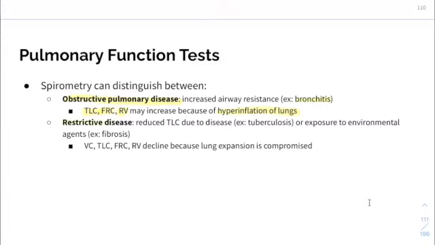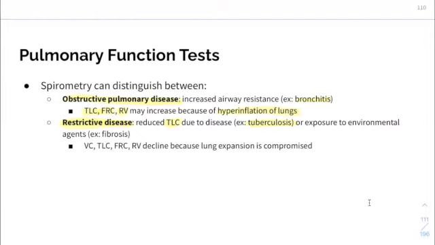We also have restrictive diseases. We kind of talked about what restrictive diseases are when we talked about compliance, because restrictive diseases decrease that compliance of the lungs. It makes it harder to breathe. And we could end up with a reduced total lung capacity because of something like tuberculosis. There are different environmental agents that you can breathe in that can actually cause damage to your lungs.